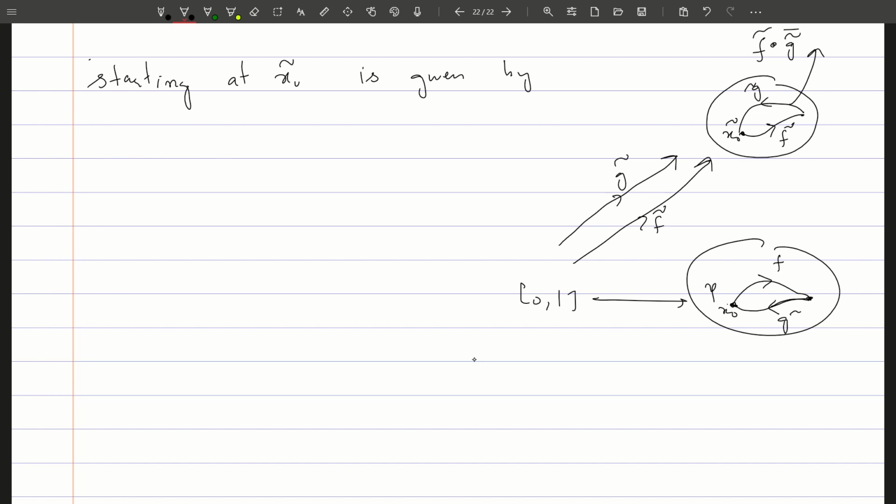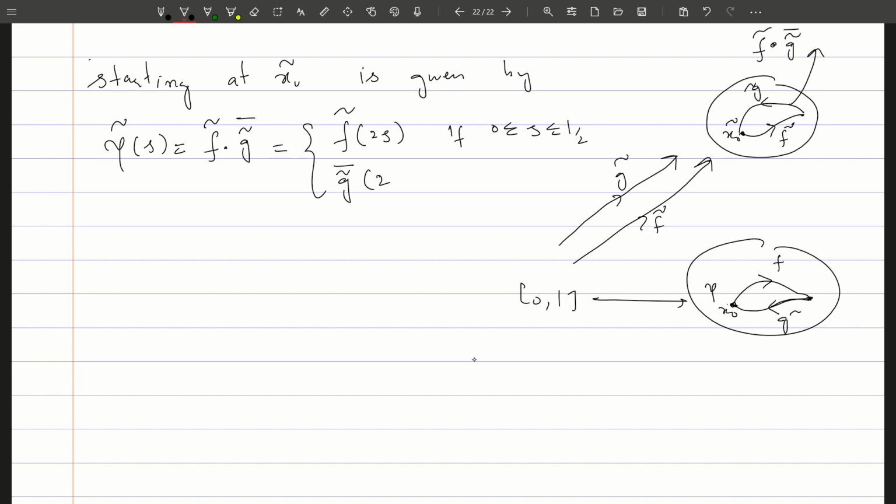This will start at x naught tilde, and gamma tilde of s will be the product of f tilde dot g tilde inverse, which is same as, first we travel f tilde at two times speed in the interval 0 to half, then we travel g tilde inverse in the next half interval at twice the speed.